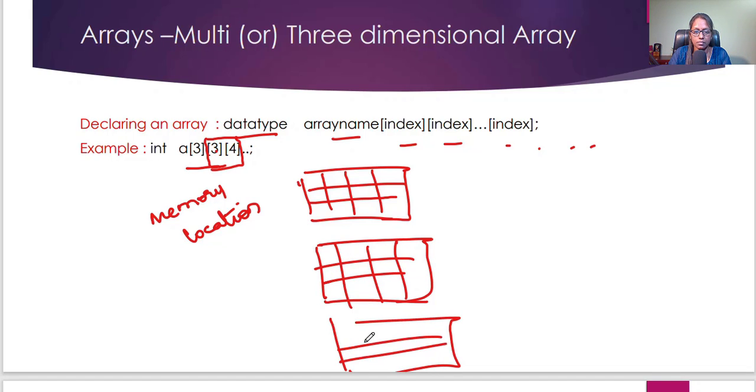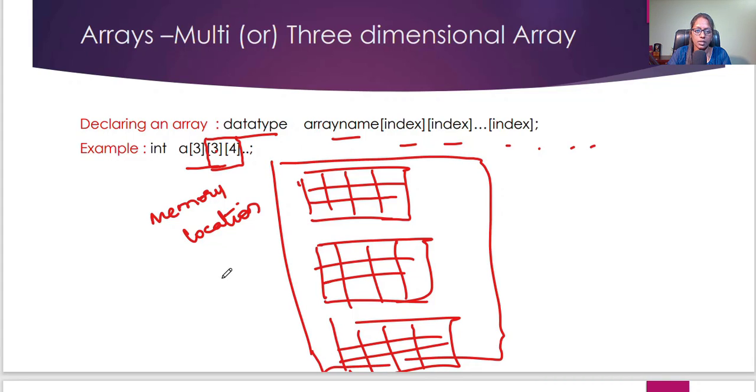This grid bundle is called A. So A of 1 2 3. The memory location will be like this: A of first row, first column, then second row, second column, whatever it is. So this is the memory location of a three dimensional array.